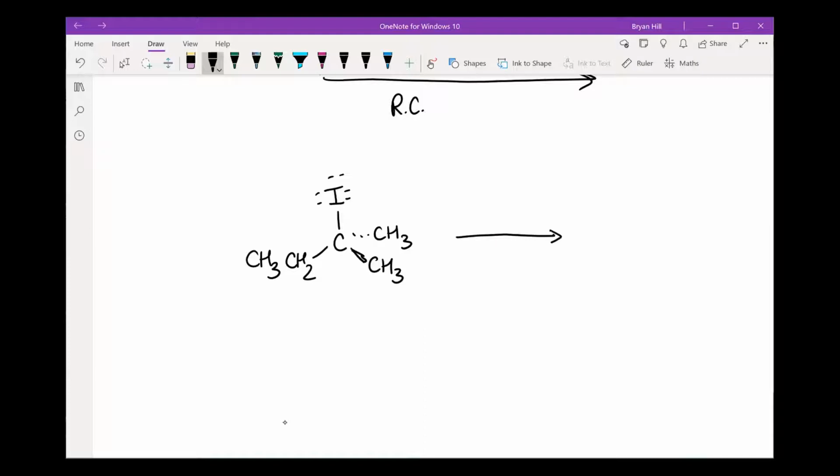And let's say that our conditions are, this is run in water, and we are using very dilute hydroxide. So very dilute hydroxide is going to behave more like a base than a nucleophile. But it's dilute, so that's the key point. Whenever you see very dilute, this basically hints that we're trying to do an E1.